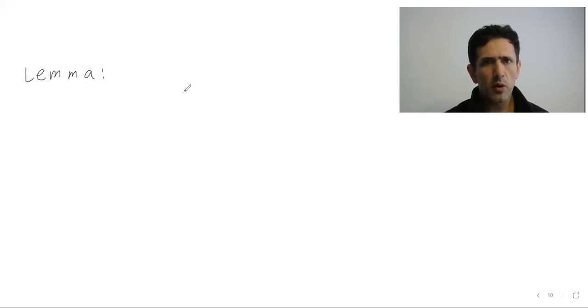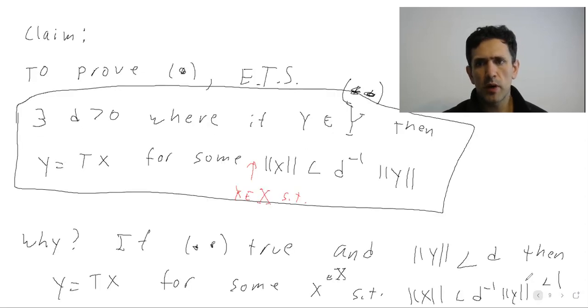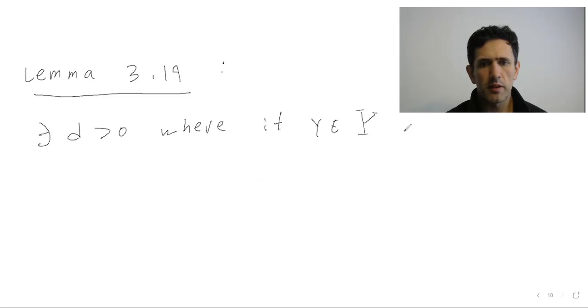Okay. So, and this is lemma 3.19 in the book. There exists d where if y is in big Y and epsilon is bigger than 0.